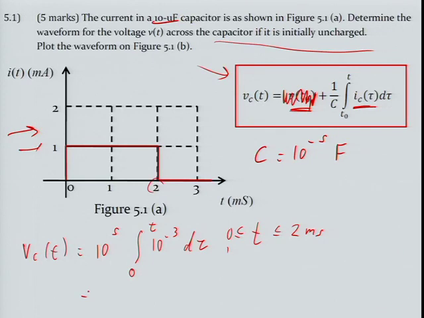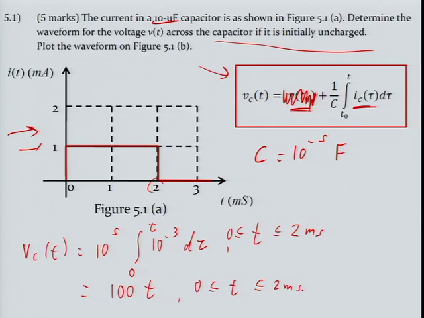So hopefully you can integrate a constant. I actually forgot how to, but that's me. So it's the constant out the front times t. So it increases linearly between 0 and 2 milliseconds.